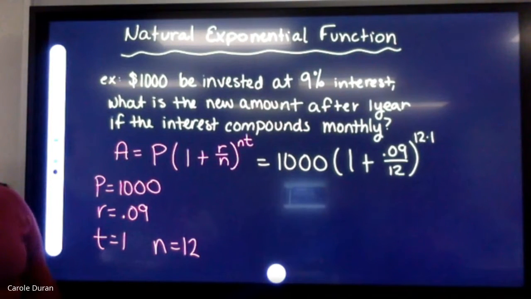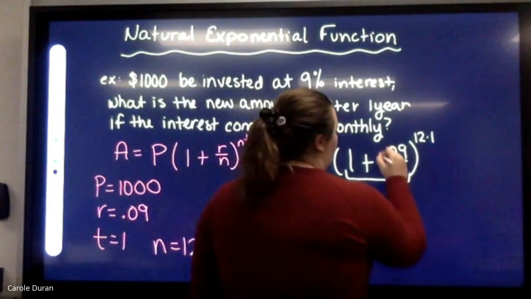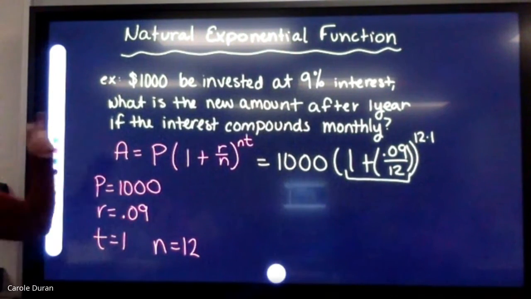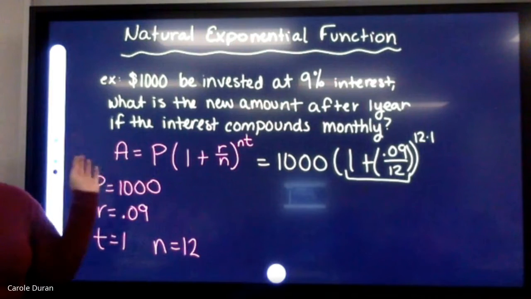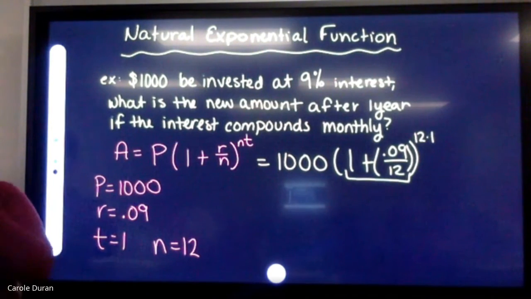If you're plugging this into your calculator, you need to do it in steps, or you need to be extremely careful with your parentheses. I always suggest steps. So I would do this part first, putting this in parentheses. I would take that answer and raise it to the 12 times 1 power, and I would multiply that answer by 1,000. That is the sure way to make sure you don't mess up on this. So everybody do that. I want you all to plug it into your calculators. I want you to solve it out and make sure we get the correct answer.